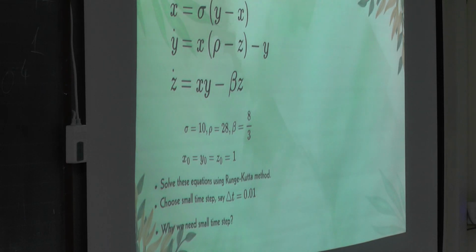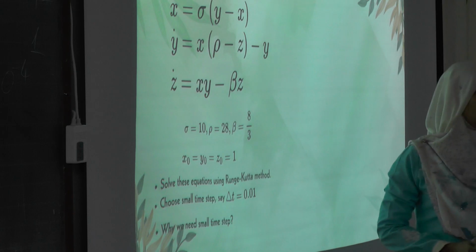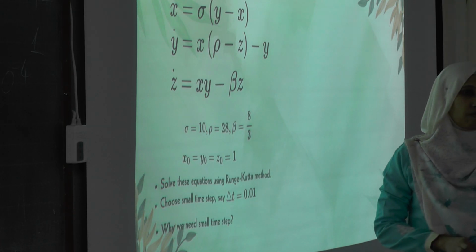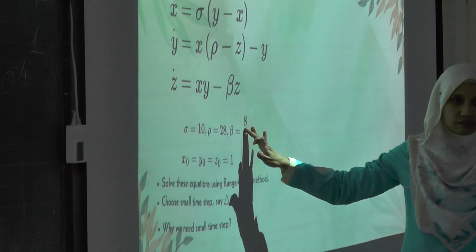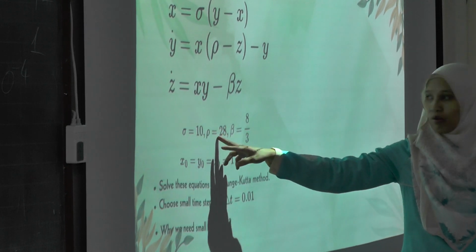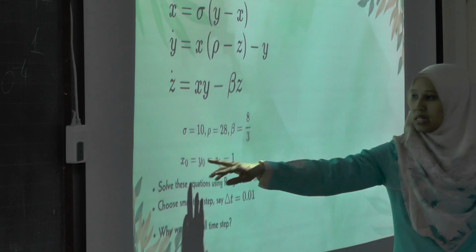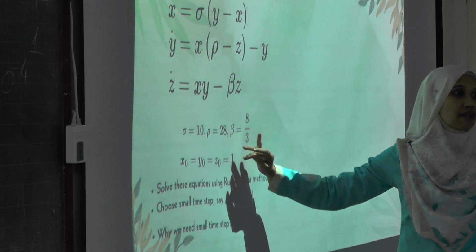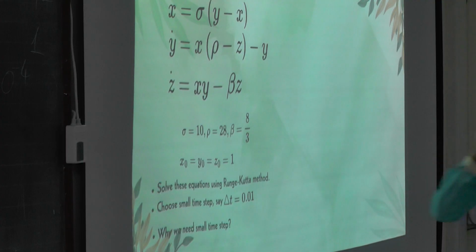Okay, so let's try how we want to solve this equation. At the first step, you input these parameters, sigma, rho, beta, with this initial condition. So this is the initial setup. So try.